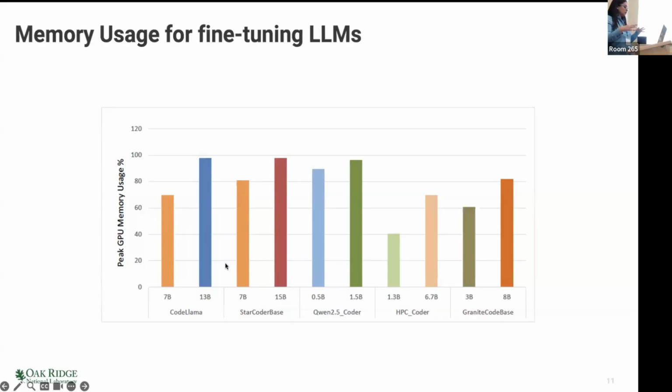But fine-tuning the model with 10 times fewer parameters just takes 40% of the GPU memory. So it matters how many parameters you select to fine-tune. Interestingly, the Qwen 2.5 coder utilizes more memory than the much bigger models. And we did a little bit of profiling, and we found out that most of the memory usage was going into cross-entropy loss, which is one part of the evaluation part.